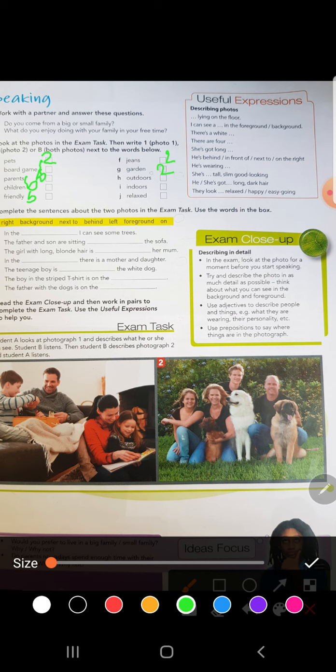So we can see here, it's clear that photo number 2 is in the garden. Indoor, photo number 1. Relaxed, B. So here we used describing photos in photo number 1 and photo number 2.